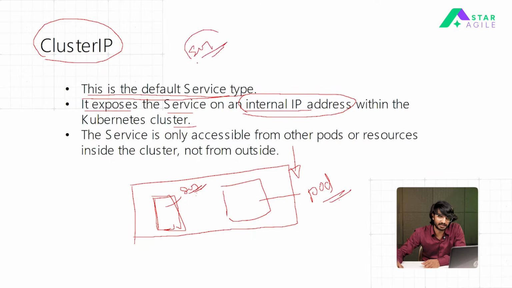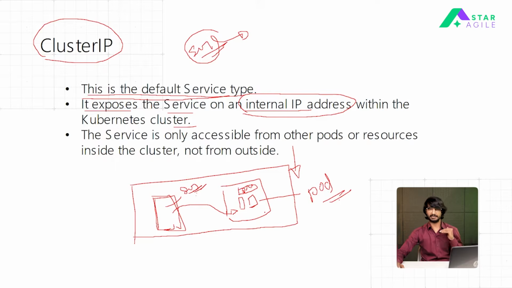By default, it will create a ClusterIP. If you want to access the pods running inside via the service, this is the service which will sit on top here. Of course, beneath this it will be the deployment and all. If you want to access this service, we have to enter the worker node properly. Then only can you access your service.